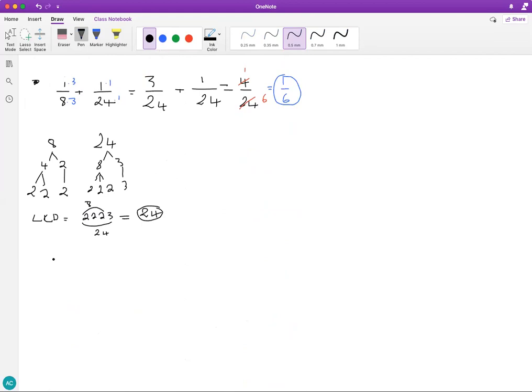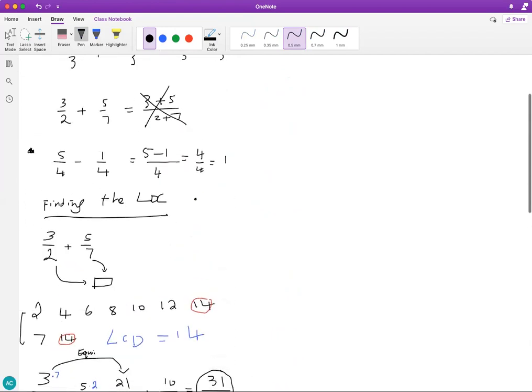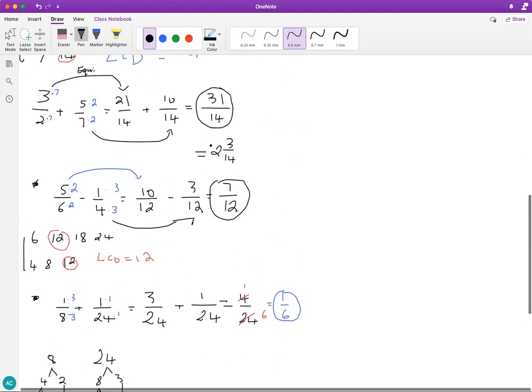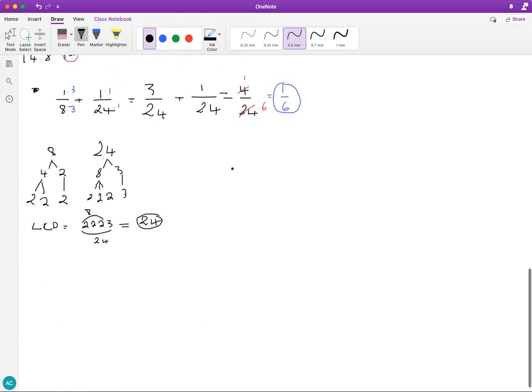All right, so now let's see how to add and subtract mixed numbers. Quite similar, just need to do a little conversion in the beginning. So this one, again, that's what we call a mixed number. When you have an improper fraction, we can write it as a mixed number, or we can go backwards, turn a mixed number into an improper fraction.